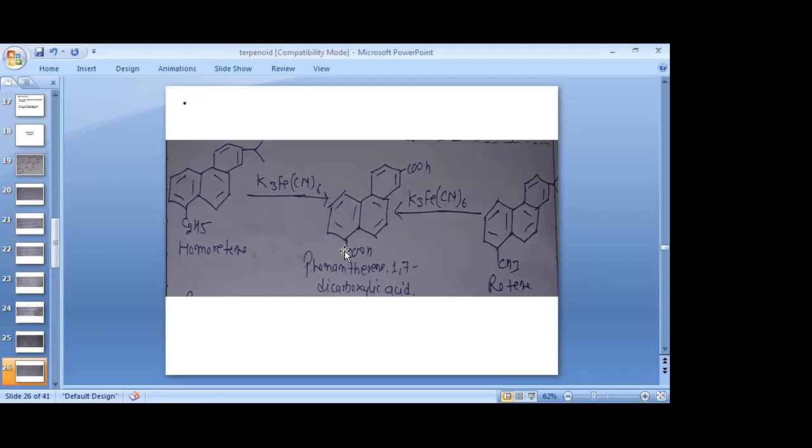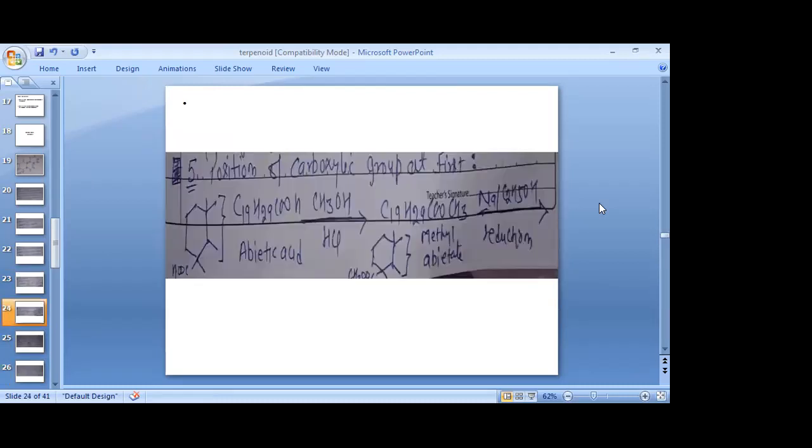Because the position of the COOH group is first, we can say our carboxylic acid exists at the first position. And the second carboxylic acid comes from the isopropyl group. So this is the important reaction by which you confirm the position of the carboxylic acid.